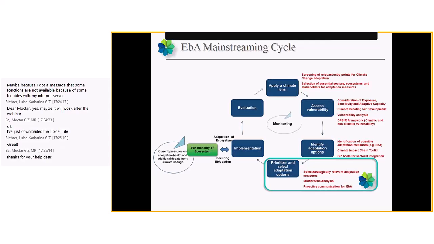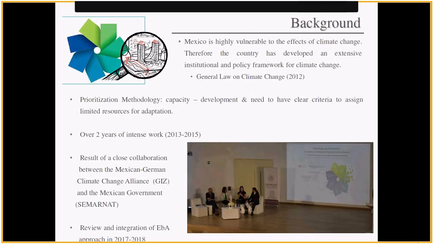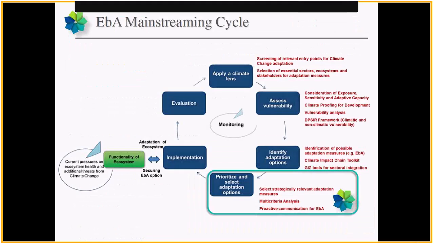Once we've done that, we can go to the next step, to implement all of those prioritized adaptation options, and then the final step would be to evaluate whether we are really reducing vulnerability, or adapting in the territory, in this climate-changing situation in the present and in the future.